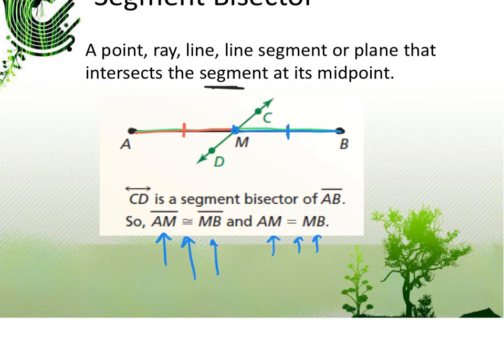When you see the equal sign, that's telling you they're talking about the exact number or the exact measure. Congruent, it doesn't matter how long it is, we just know it's the same size. So if you're told that a line segment has been bisected, then the point at which it is bisected is going to be the midpoint. So in this particular picture, M is the midpoint.